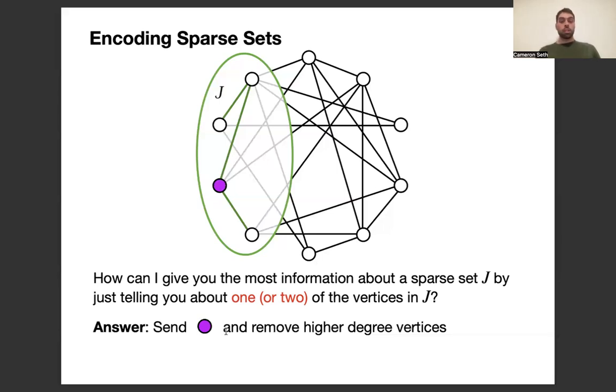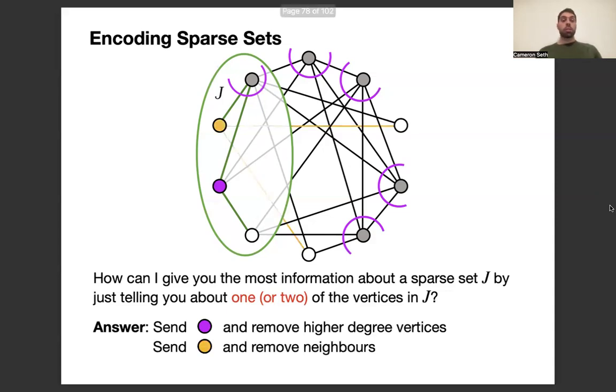So what I can do is send you a vertex and tell you to remove the higher degree vertices. For example, I can send this purple vertex and all the higher degree vertices you can remove. Unfortunately, we did remove one vertex from the sparse set, but we also removed all these other vertices on the outside, so we're going to consider this a win. Then we can repeat this process.